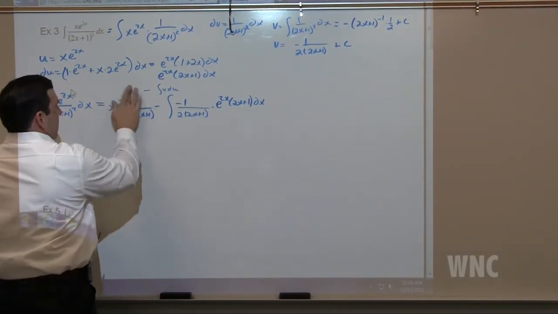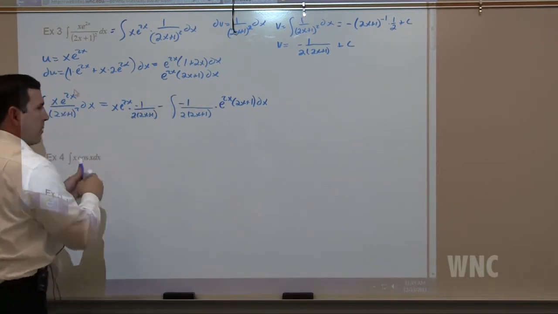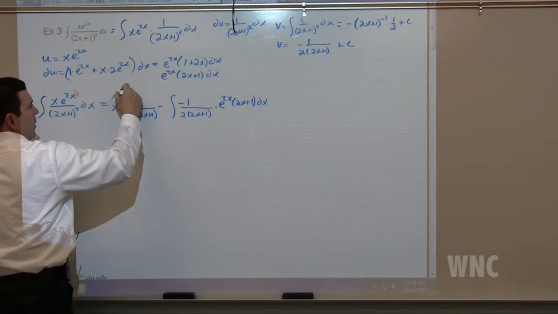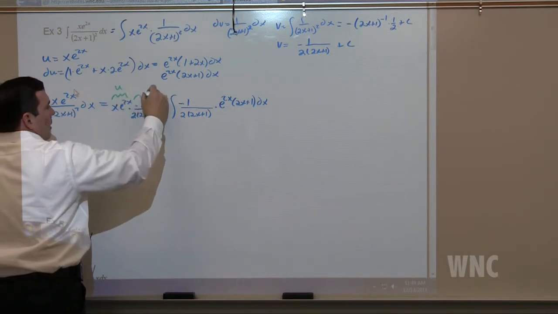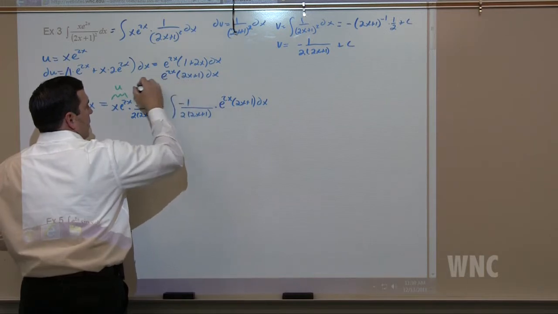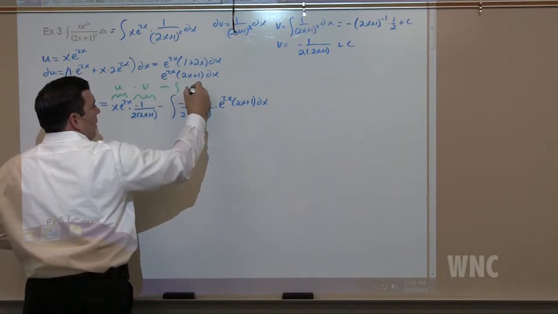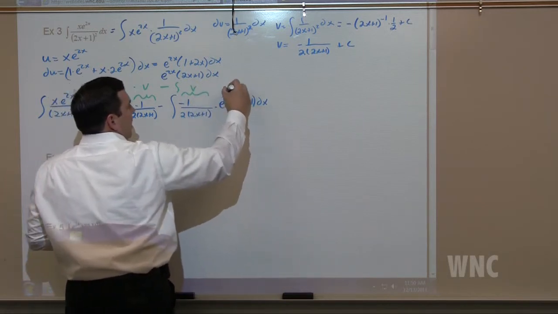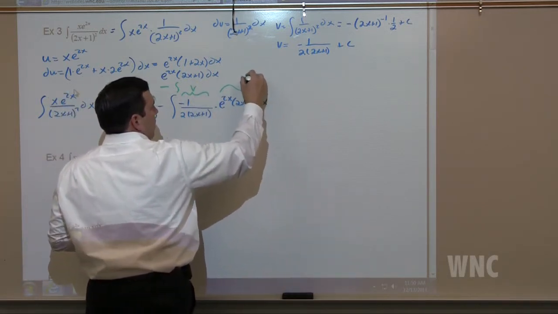In fact, I'm going to write with a different color. I wish I had my red pen, but I left it in my office, I think. So here's u, here is v, then here we have the integral, u times v, minus the integral of v, that's right there, and then this part is my du.